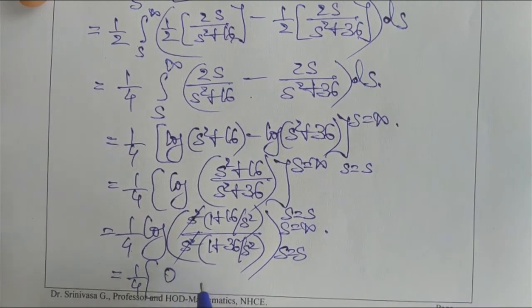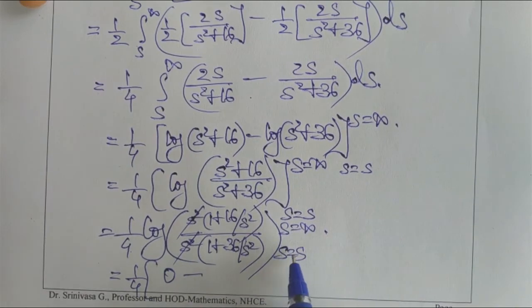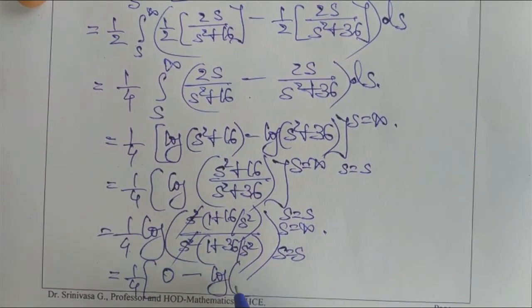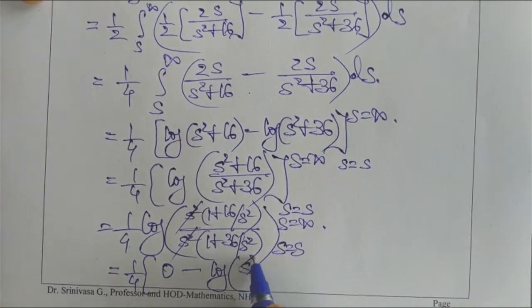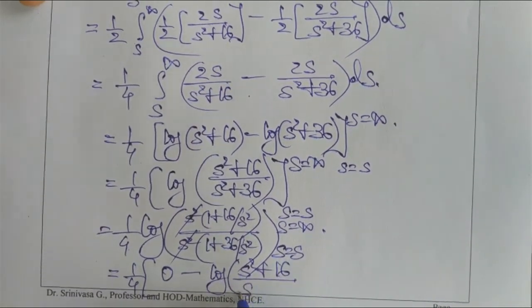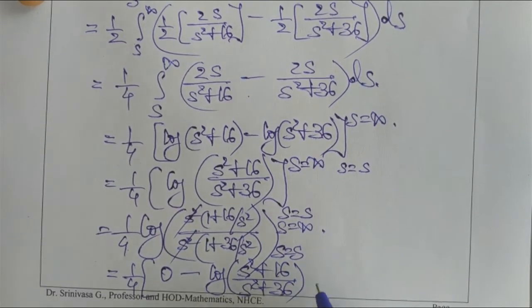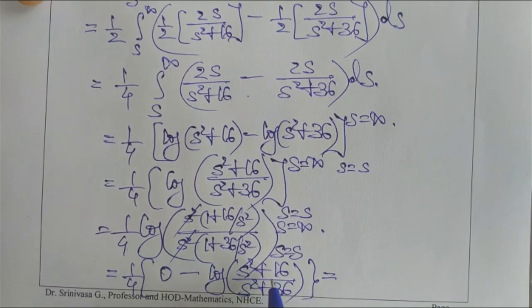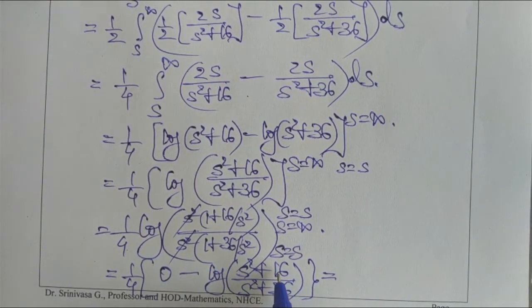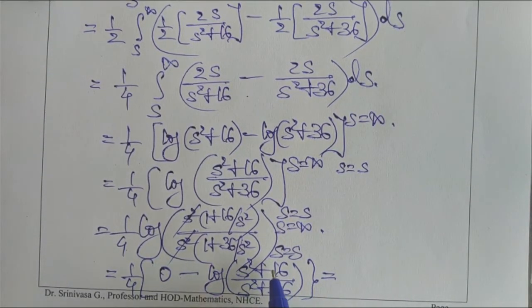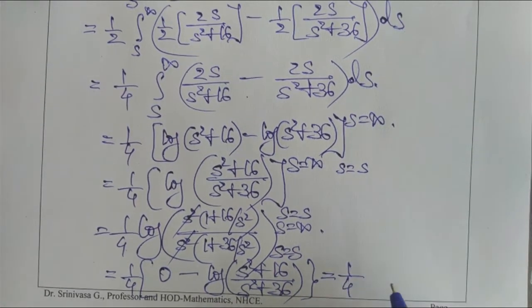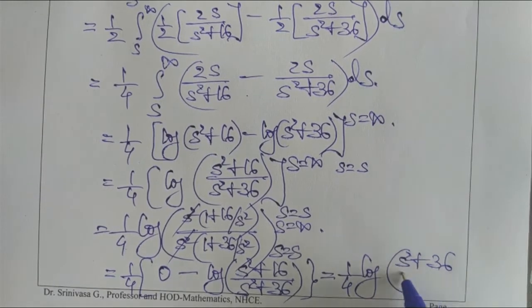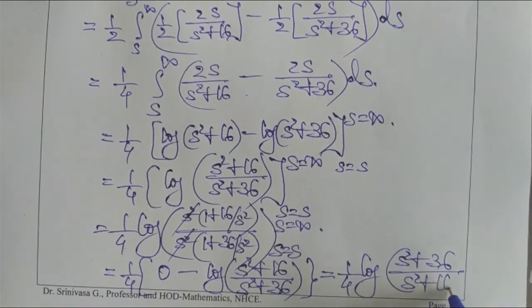Log 1 is 0. Minus, coming to this, s is equal to s only. So after simplification, this one has s square plus 16 divided by s square plus 36. Now what happens when we take the minus sign? The numerator comes to the denominator, and the denominator goes to the numerator. Therefore, the final answer will be log of s square plus 36 divided by s square plus 16.